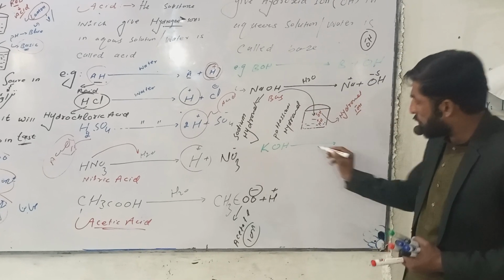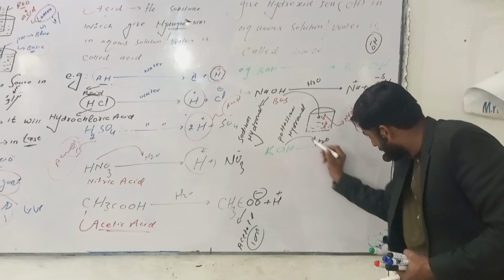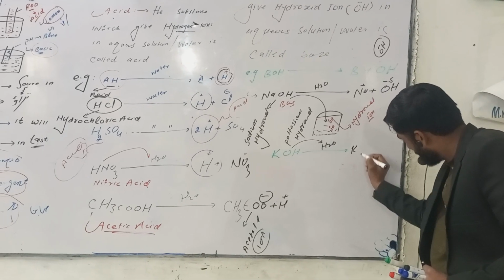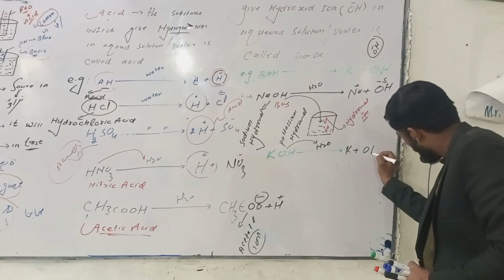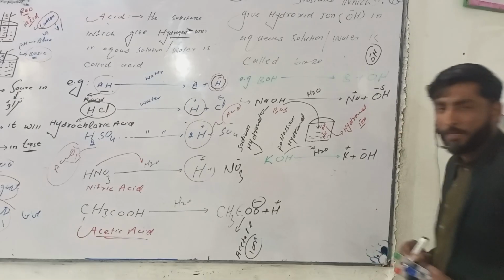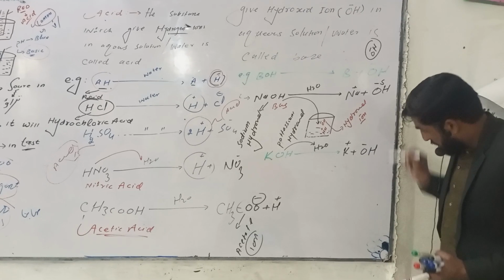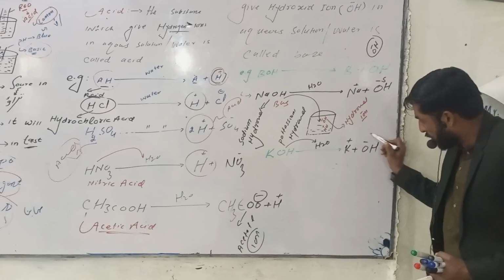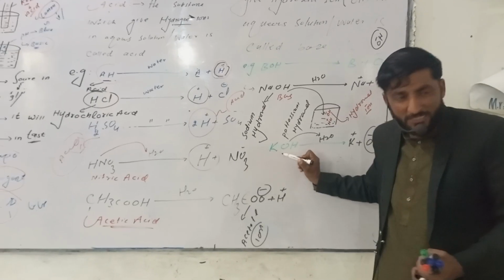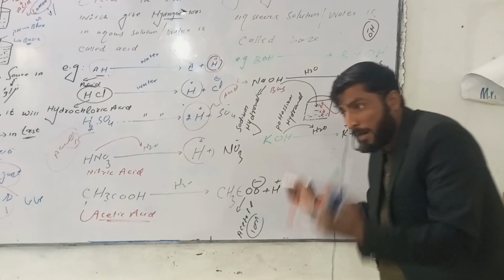When we put this substance in the water, it will give us OH negative and potassium positive. This is potassium and this is hydroxide ion. Due to this hydroxide ion, we can say this potassium hydroxide is base. Got my point?